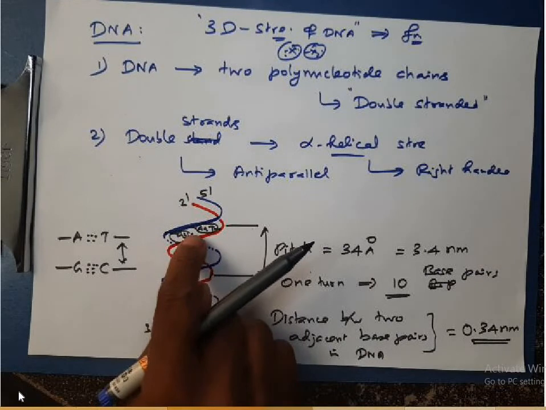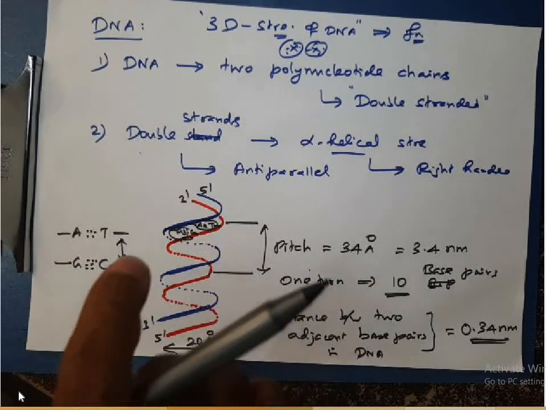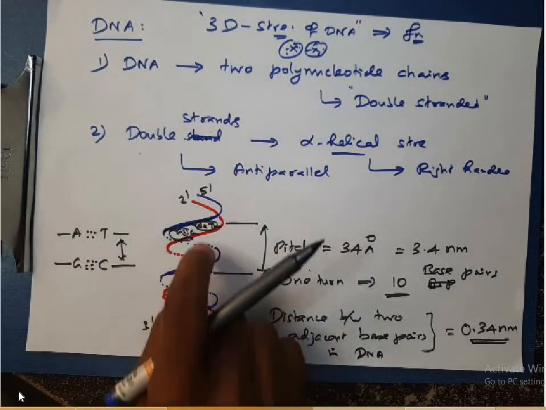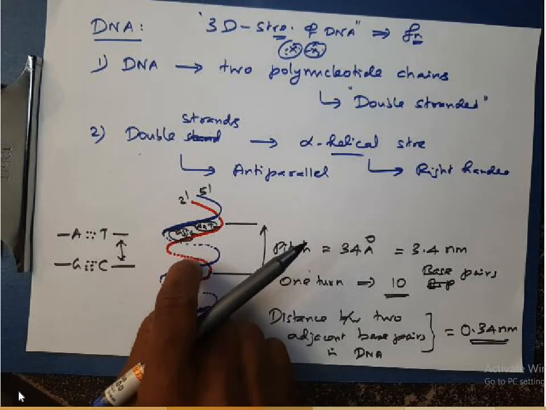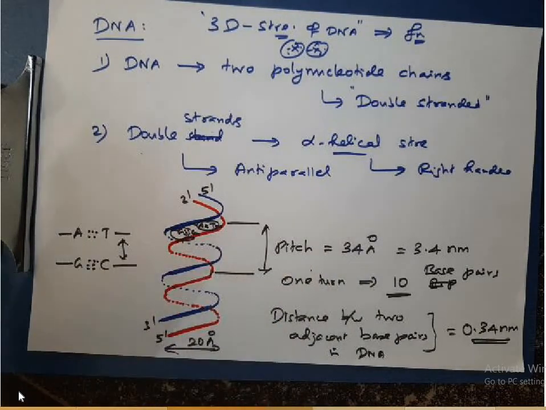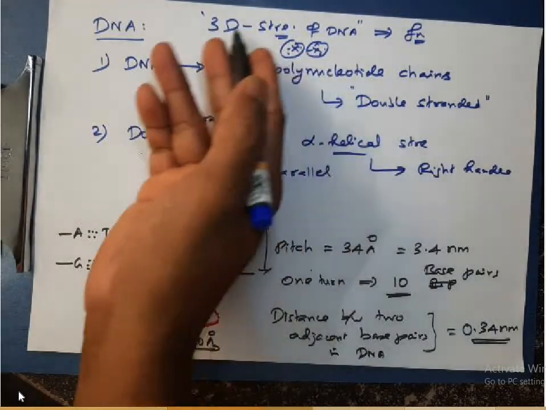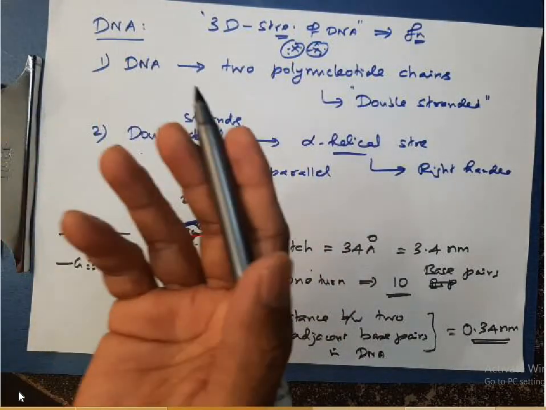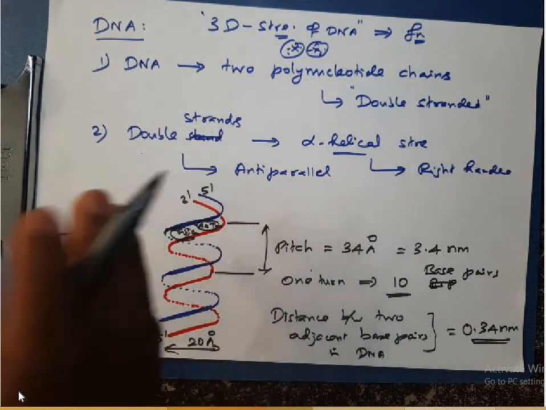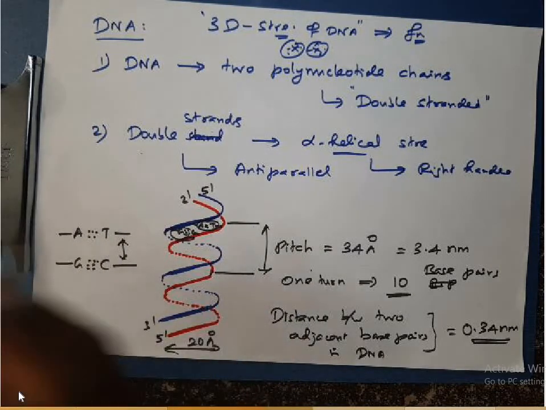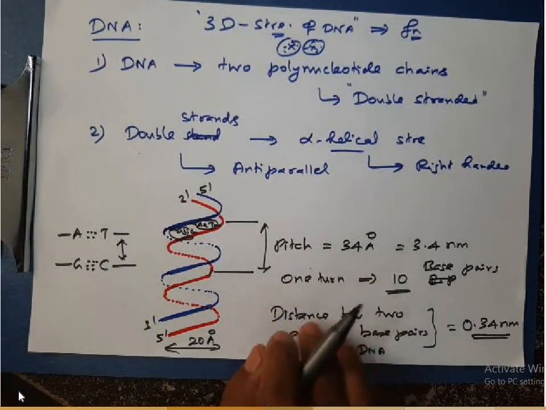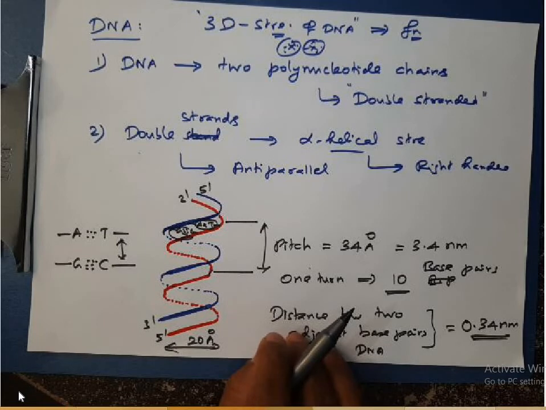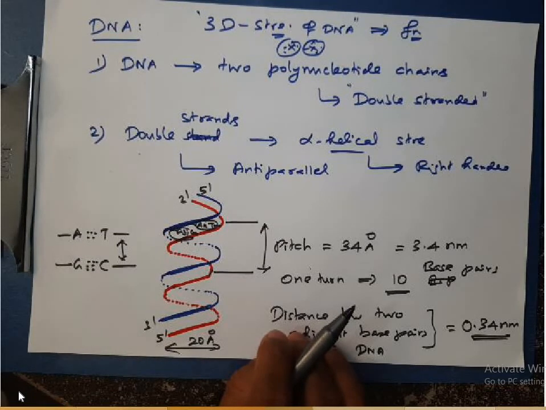If high temperature or radiation falls on the DNA and breaks the hydrogen bonds, the two polynucleotide chains will start to move away. Therefore, the three-dimensional structure gets disturbed. In that case, the DNA molecule may completely lose its function. This is what we call denaturation of DNA.